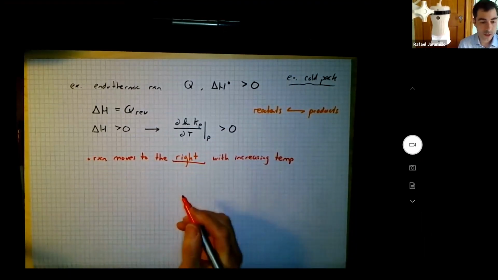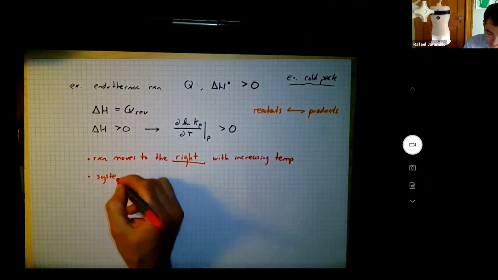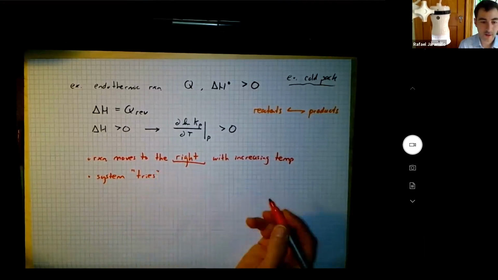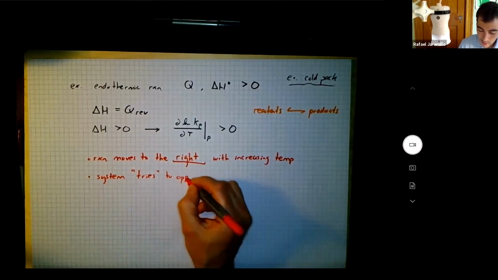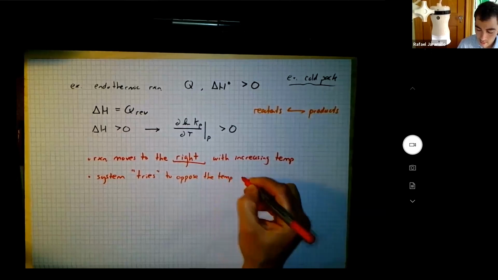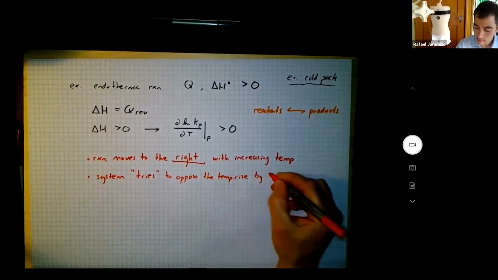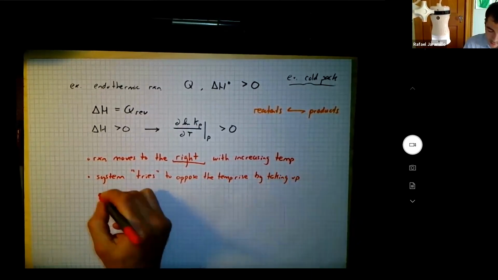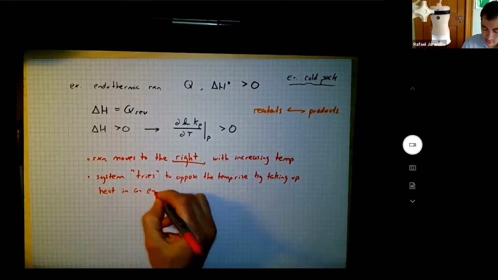with increasing temperature. What does that mean? The system tries, right? Doesn't actually know what it's doing, to oppose the temp rise by taking up heat in an endothermic reaction.